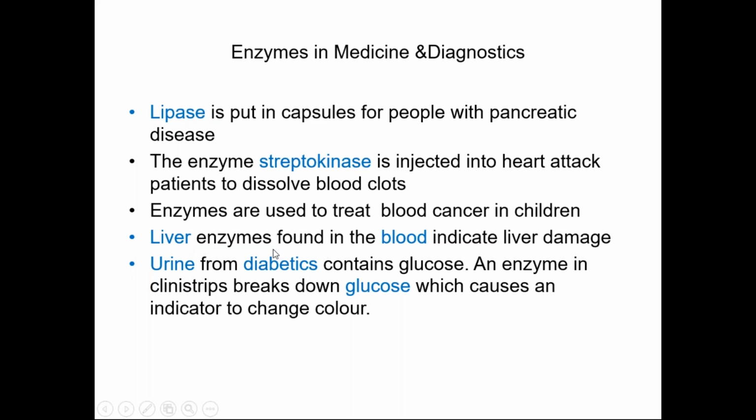Liver enzymes, SGOT and SGPT, if found in very high quantities, indicate liver damage. Urine from a diabetic contains glucose. An enzyme in Clinistrips, immobilized on the strip, called glucose oxidase, breaks down the glucose, and it is used to detect the sugar.